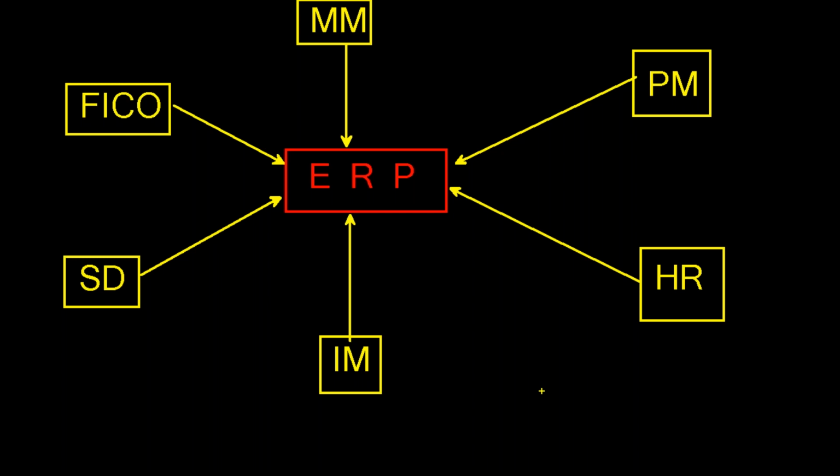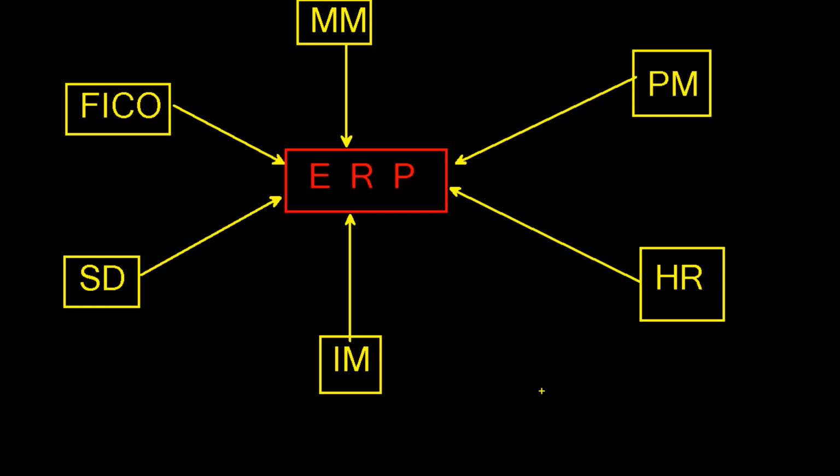How the organization uses the funds, the employees, and the inventory, that is the resources, and how to plan the resources. If the organization uses an ERP application, it's very easy to share the data between the departments.